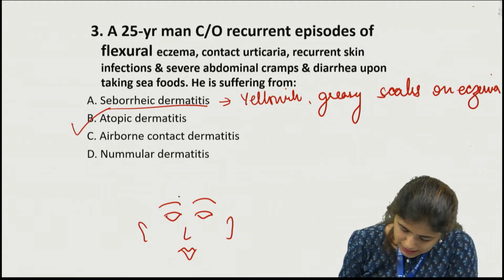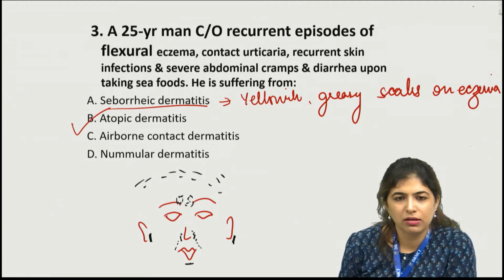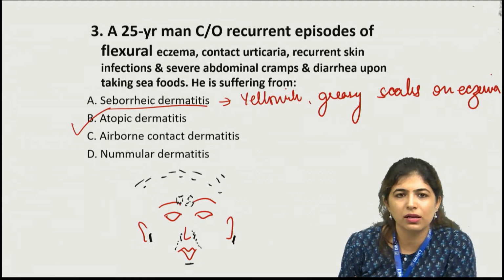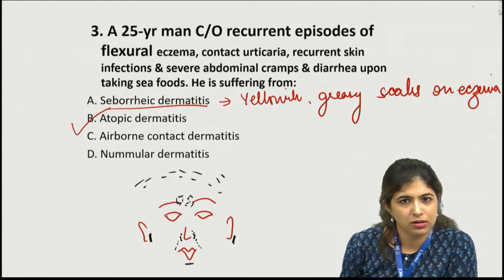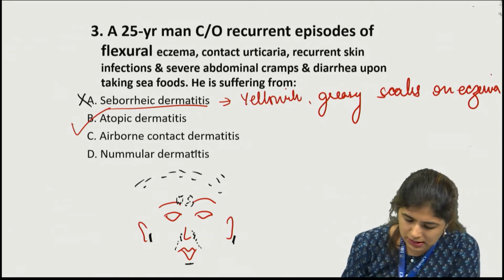What are the seborrheic sites? Patient will have lesions here, then in the scalp, sides of the nose, nasolabial fold, mental crease, preauricular, postauricular. These will be the classic sites where seborrheic dermatitis will affect the patient. Nothing of this sort is there in the question. So this is out.